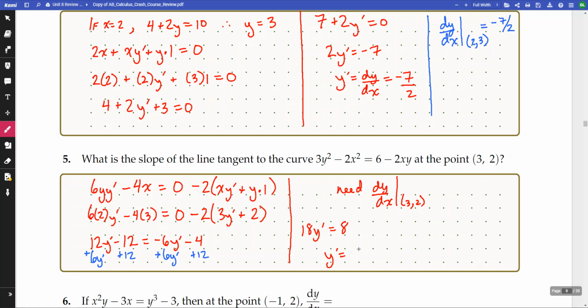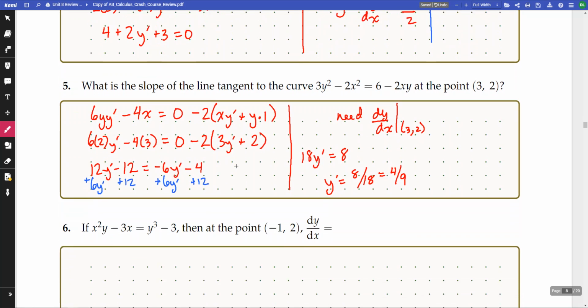So then y prime is going to be 8 over 18. And once again, if this is a free response question, simplifying is not necessary. But if your professor wants you to simplify, be sure that you do. And if this is a multiple choice question, then you'll likely see the simplified answer of 4/9.